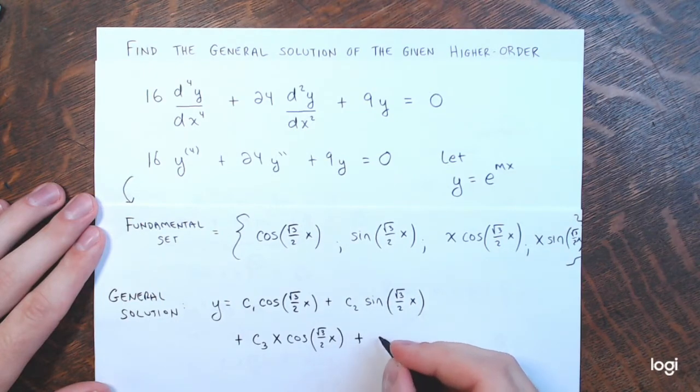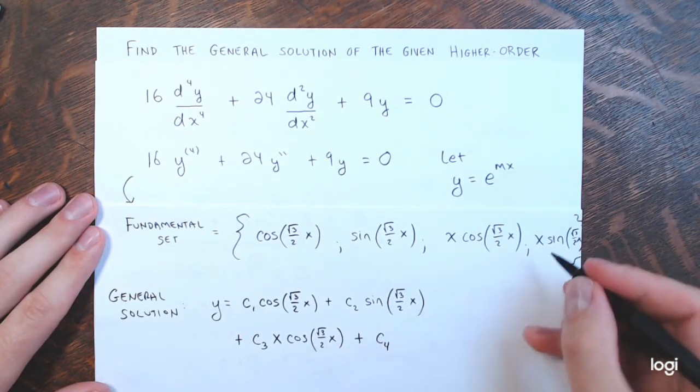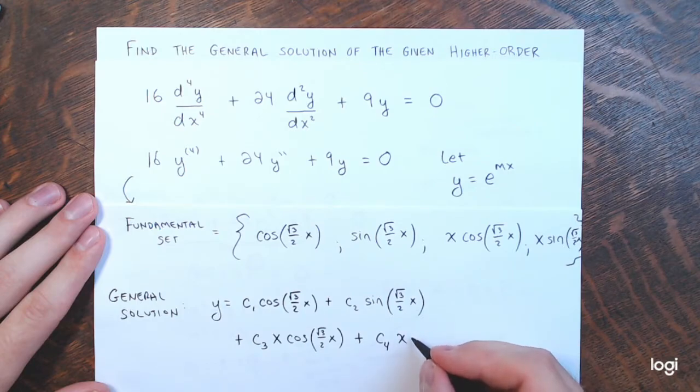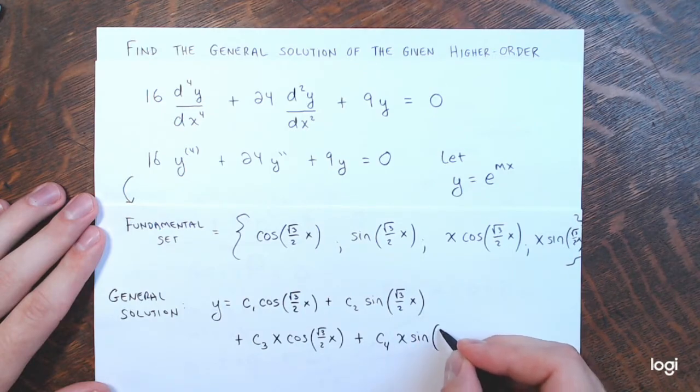And then finally plus a fourth constant c4 times this last solution in the fundamental set, x times the sine of the square root of 3 over 2 times x.